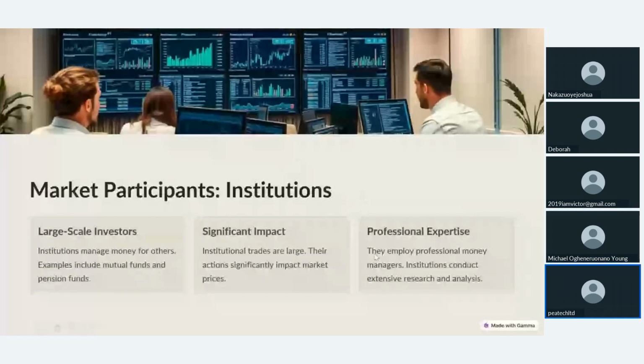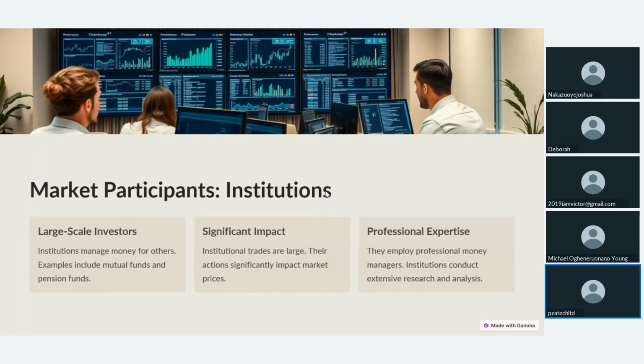Then, professional expertise, I said they employ professional money managers. They don't just employ anybody. They will make sure that anybody they are employing is somebody that has a track record of managing money well. Because most of these institutions are dealing with people's money, not even their personal funds. Like hedge funds, they trade with people's money with the promise of giving you a percentage return over a period of time, right?